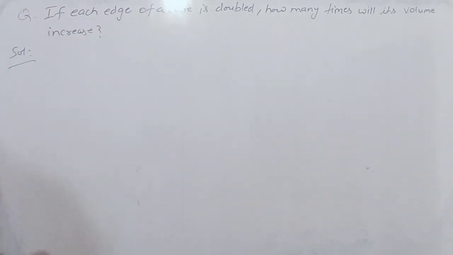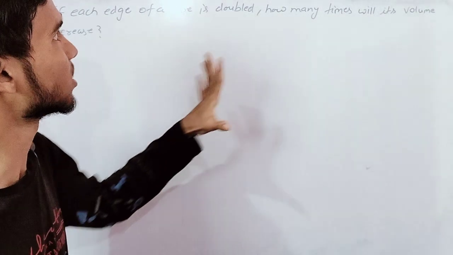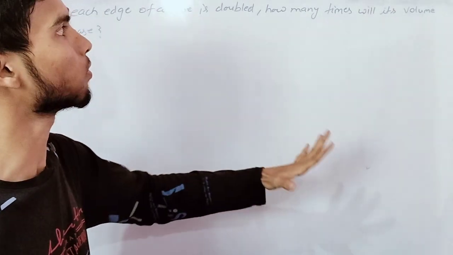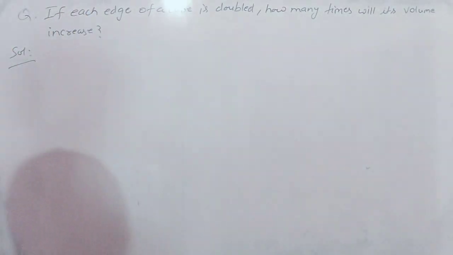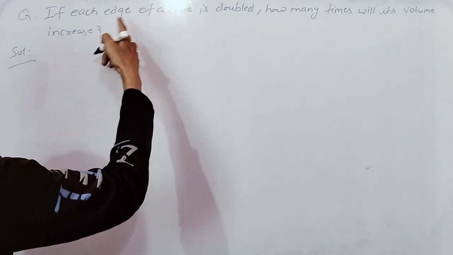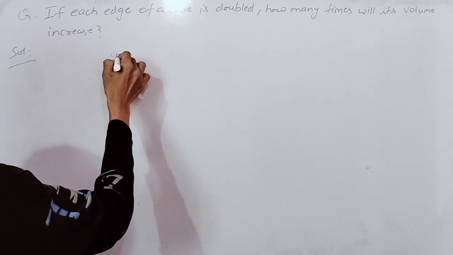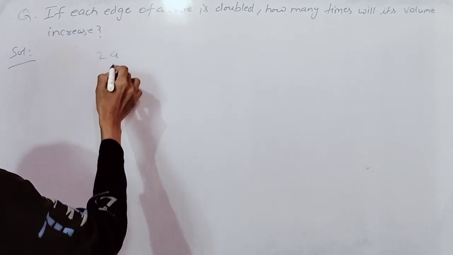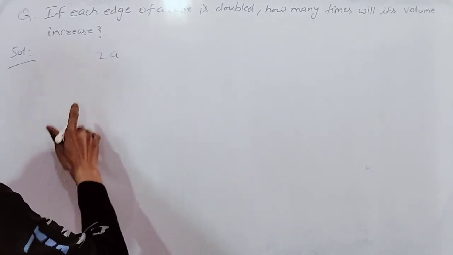This is the complete question. It is saying if each edge of a cube is doubled, how many times will its volume increase? So if the edge is a, it will become 2a.